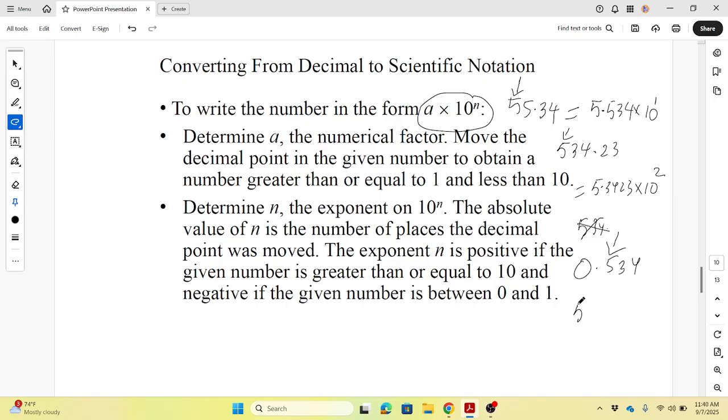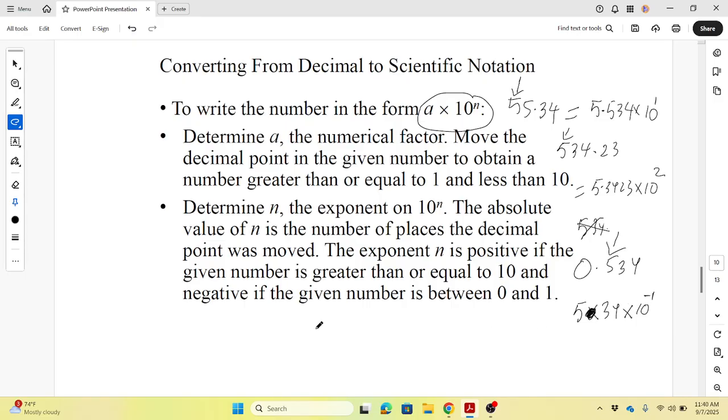In this case, that's the first number, which is 5, so I write 5.34. You just need a number which is less than 10. So 5.34 would be less than 10. But to do that, we move this decimal one place to the right to make sure that we have the right scientific notation. Because we move the decimal to the right side, we need the negative sign. So negative, how many positions? One position. So 10 to the power negative 1.